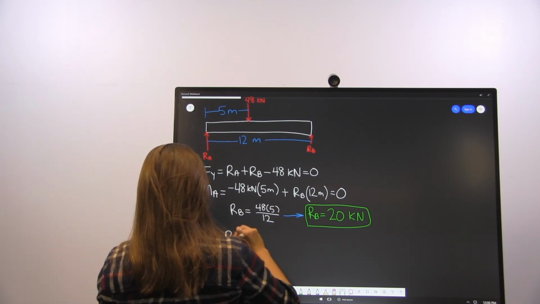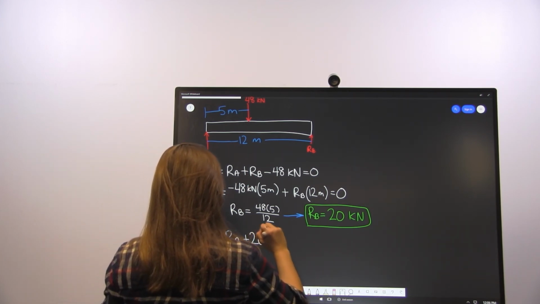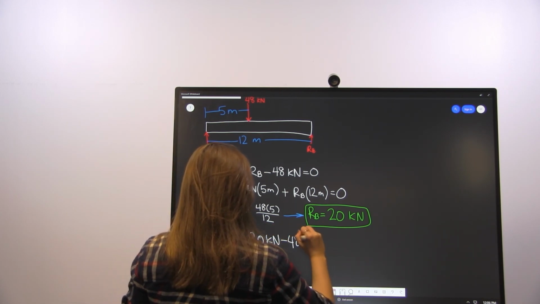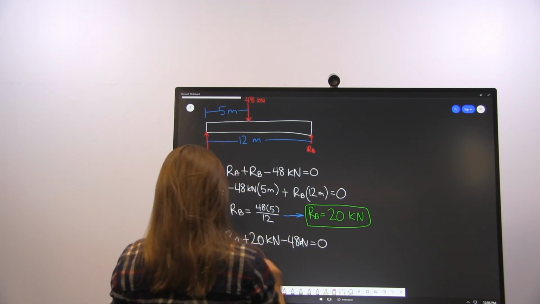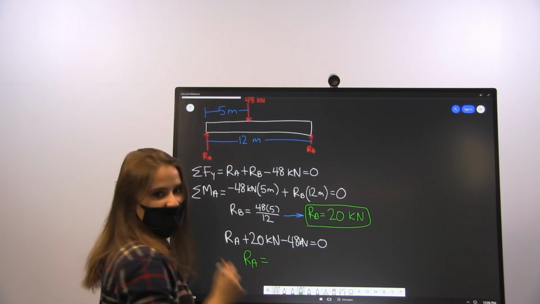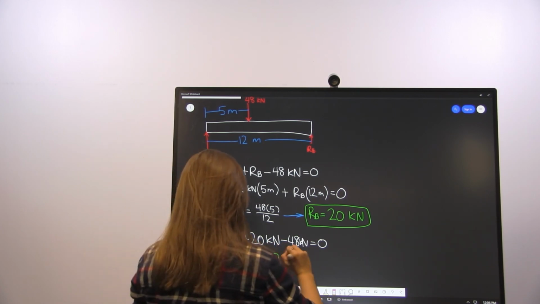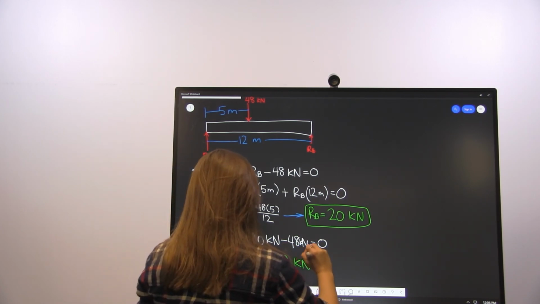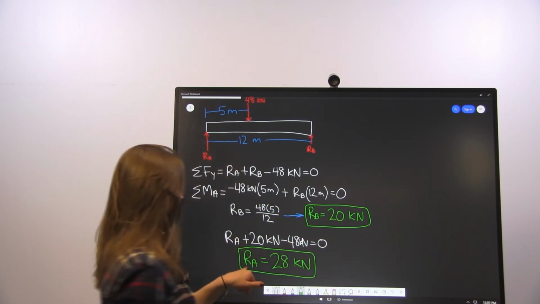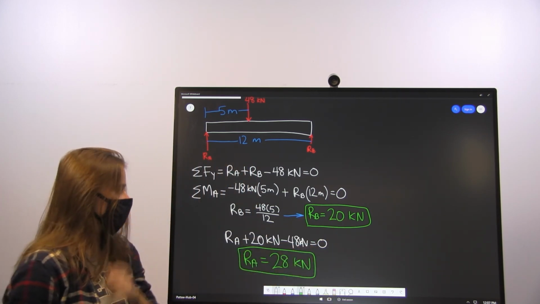So RA plus 20 kilonewtons minus 48 kilonewtons equals 0. And then we get reaction force at A is equal to 28 kilonewtons. And these two, reaction at A and reaction at B, those are our answers for the problem.